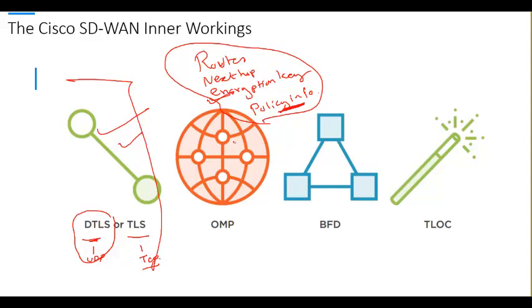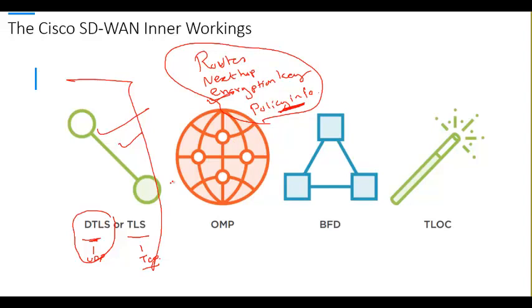I'll give you a clear picture as we proceed further in coming days. Give me some time. So now we are talking about these different protocols, and we are in OMP. OMP is basically the route information distribution.